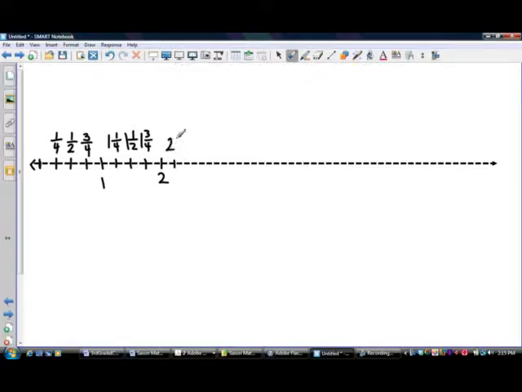Now we have 2 1/4, 2 1/2, 2 3/4, and then what? 3. Do you notice that if we had kept counting here, 1/4, 2/4, 3/4, this would have been 4/4, right? 4 sections, and we're talking about all 4 of them.